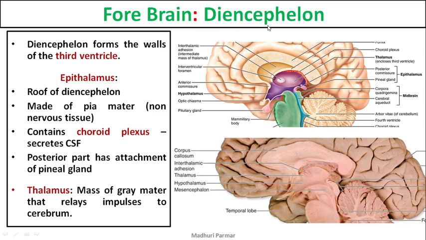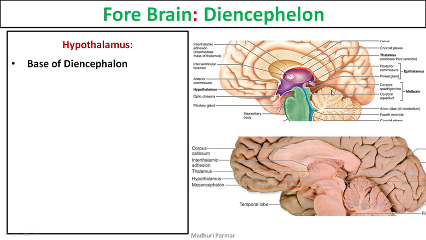Okay, which means it has a lot of nuclei. Fine. And it relays impulses to the cerebrum. So whatever impulses it is getting, okay, whatever signals it will get, these signals will be relayed. Relayed matlab they will be forwarded to the cerebrum. So whatever signals it gets, it is forwarded to cerebrum. That is its function.